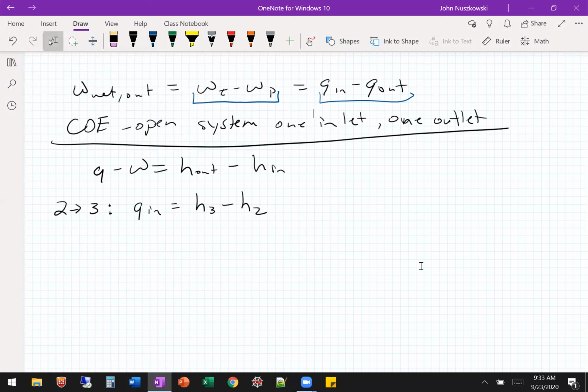All right, so that means we have heat in, we have a relationship at least. We have our enthalpy at 3. We don't have information at 2 yet, so we'll have to do something with the states. If we do heat out, that's 4 to 1.